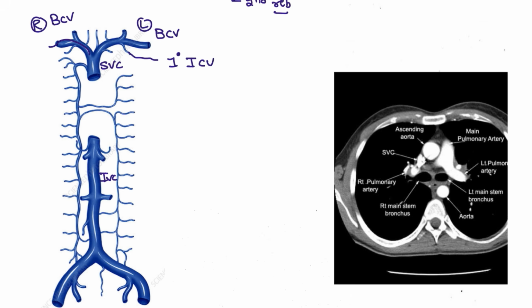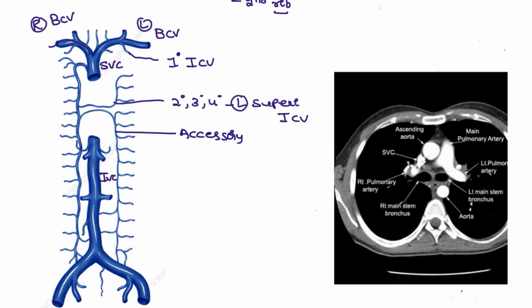Okay, next, coming to here, this is the first intercostal vein, and next, this is the second, third and fourth. What is this? This is the left superior intercostal vein. Next, this is the accessory hemiazygos vein, and here you can see the hemiazygos vein.